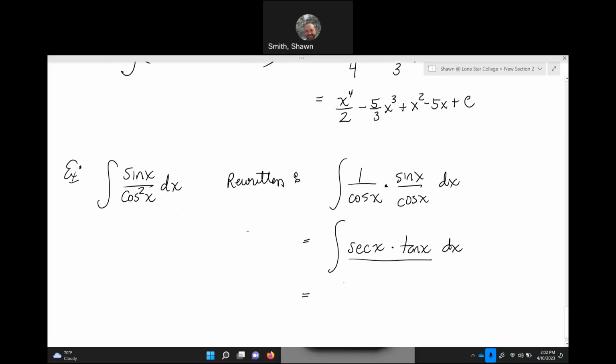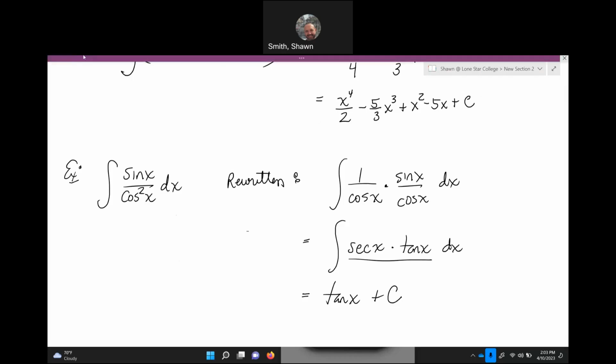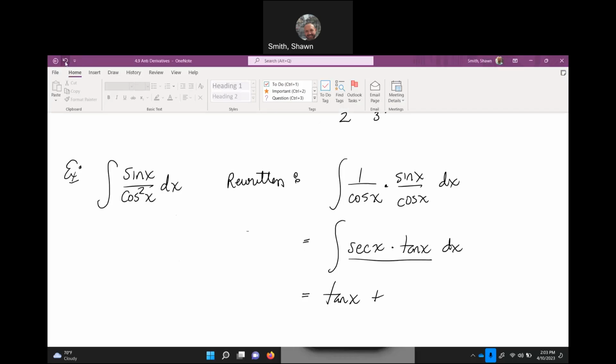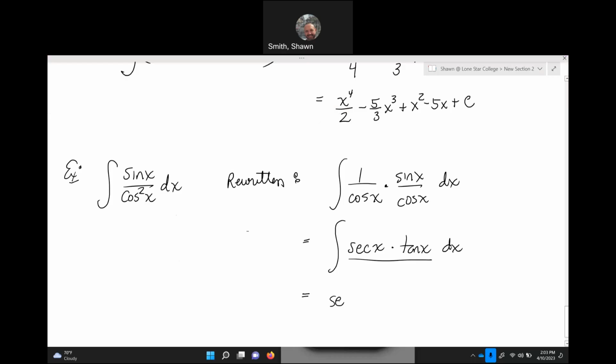Secant x tangent x is tangent x plus c. Other way around. That one's secant of x, right? The derivative of secant of x is secant x tangent x.